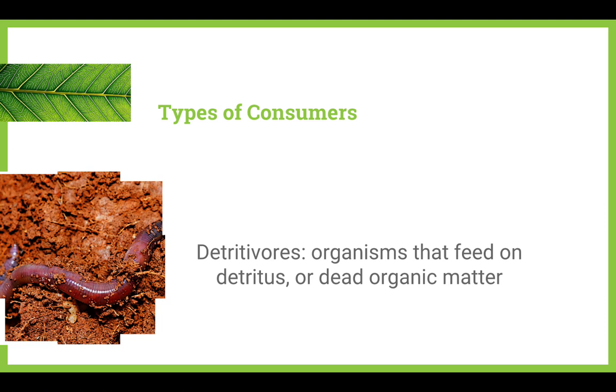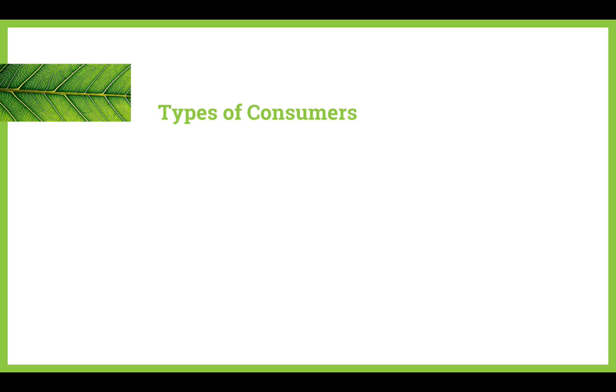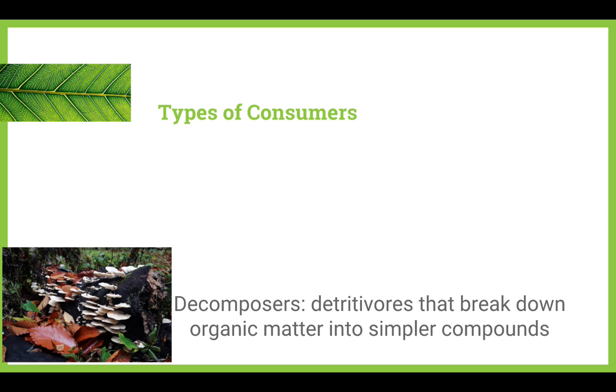The next is a detritivore. And this we kind of briefly hit on in the slide on energy flow through an ecosystem. A detritivore is an organism that feeds on dead organic matter, or detritus, in the soil. This is slightly different from a decomposer.